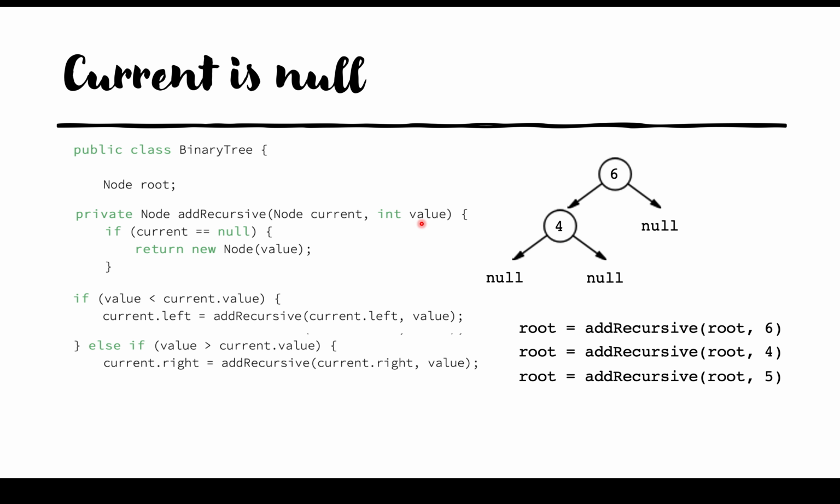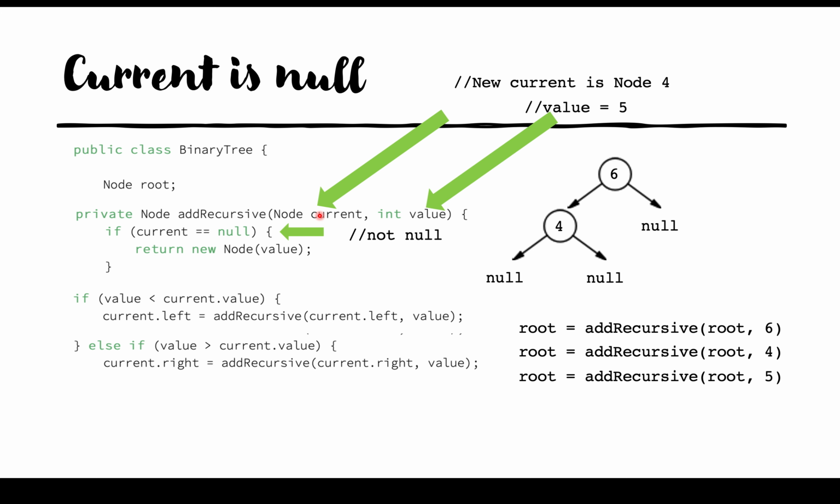Now our new current is 4, is our node 4. Our value is 5. That's not null. Is value less than current.value?